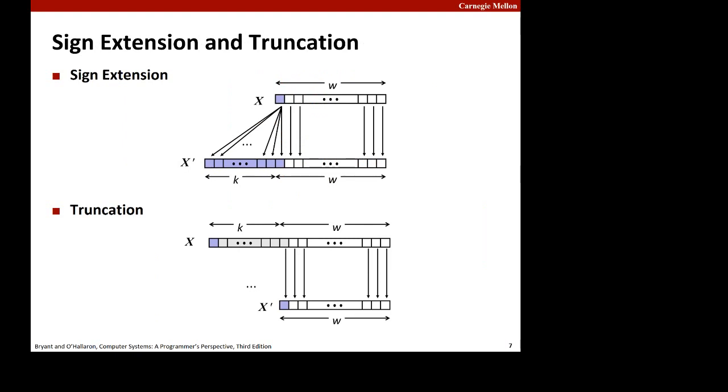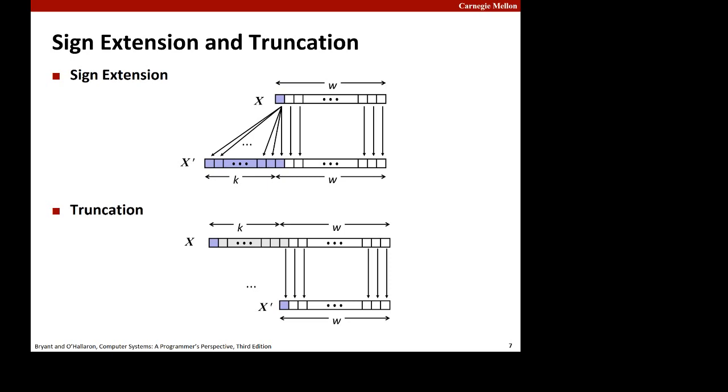Last time we also talked about this idea of sign extension, which is to take a smaller bit pattern and make it larger. You do it by copying the most significant bit into the new positions. And what we saw with that is, for a 2's complement number, it gives you a larger number of bits, but it represents the exact same number.